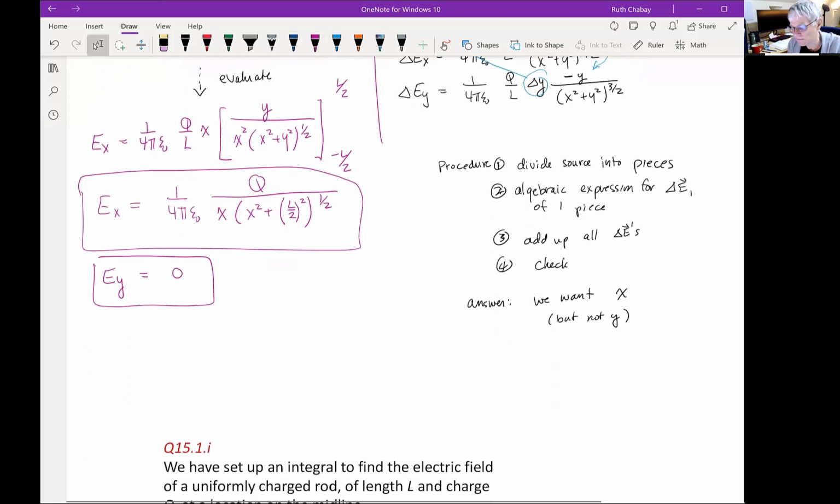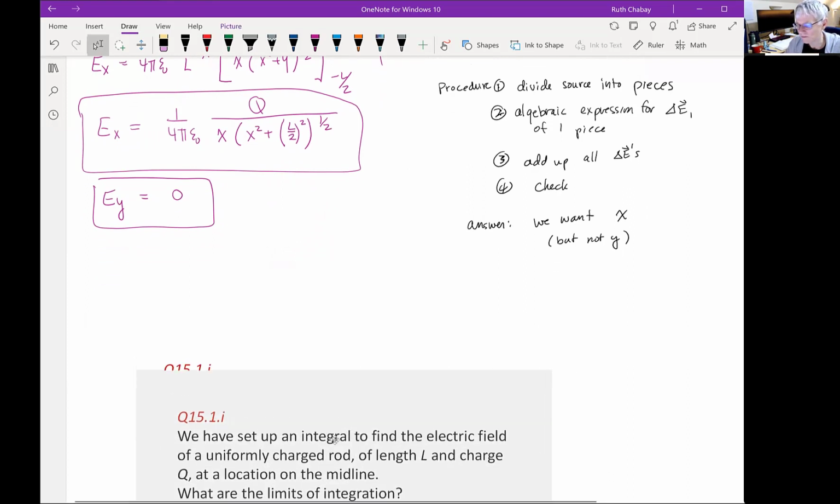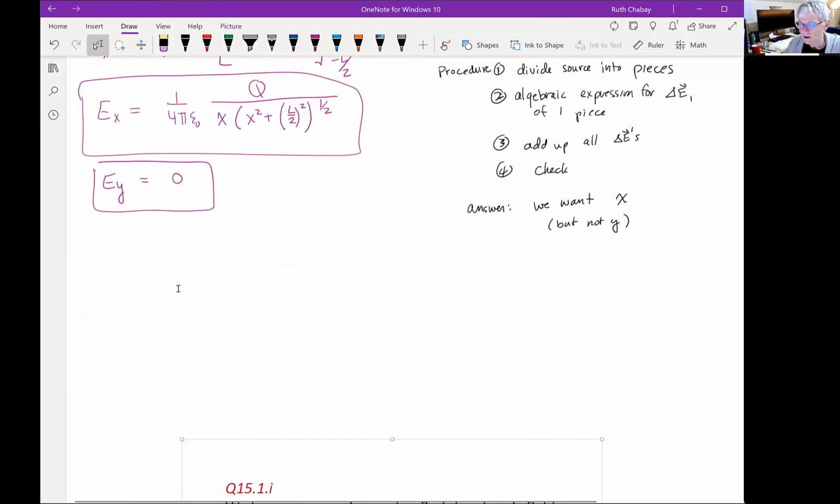Now, since this rod can have any orientation, it kind of doesn't make sense to have the x in there, because we had the rod this way, and so E is that way.